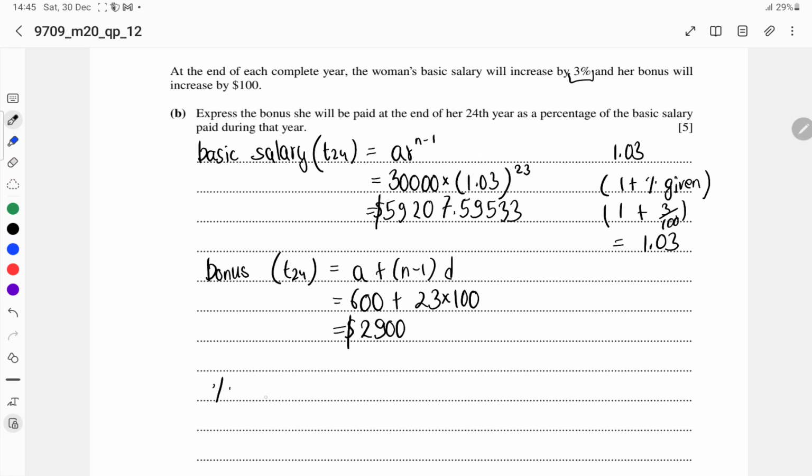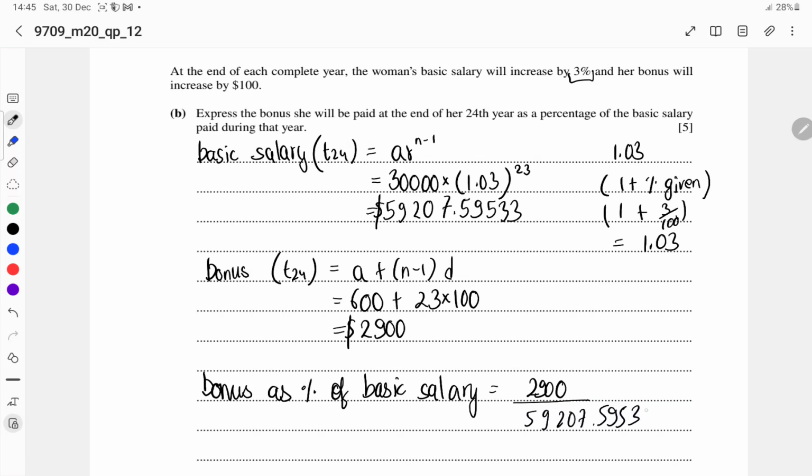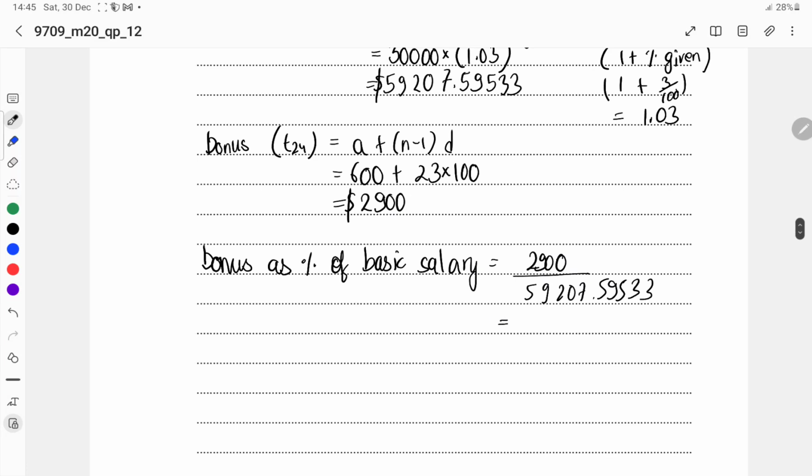Then after, the percentage of bonus is the bonus as a percentage of basic salary. The percentage of bonus to basic salary is given by 2,900 over 59207.59533.